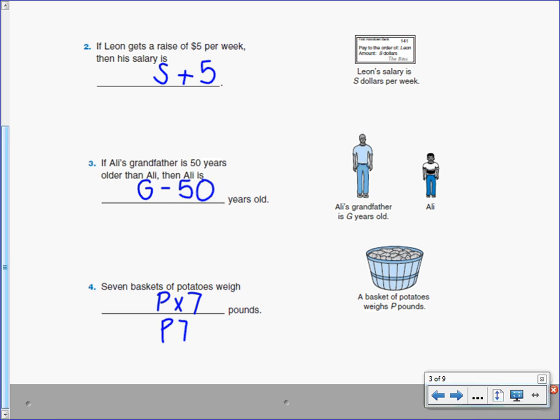Yes. You're kind of right. Don't ask me why they do it, but we take out the multiplication sign, and they flip it so the number goes first. They like the number to always come first. Because you know that when a number is right next to a letter, you're multiplying.